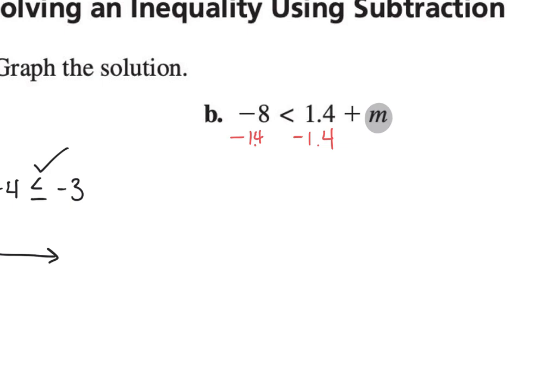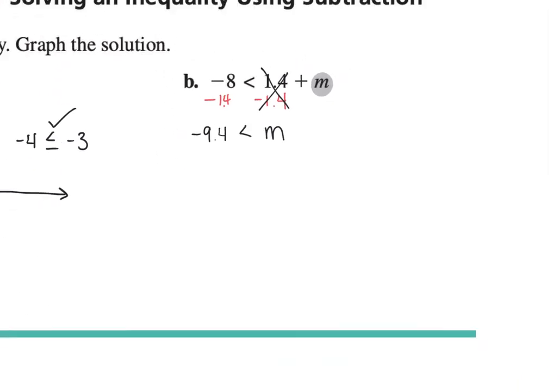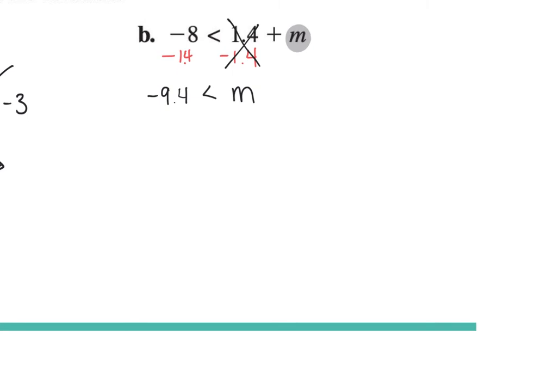And once we do that, peeps, we're going to get negative 9.4 because they're both negative, so we add them. See that? These are going to go away, and we've got m. So we know m needs to be bigger, or negative 9.4 is less than m. So we're going to draw our nice, fashionable number line.